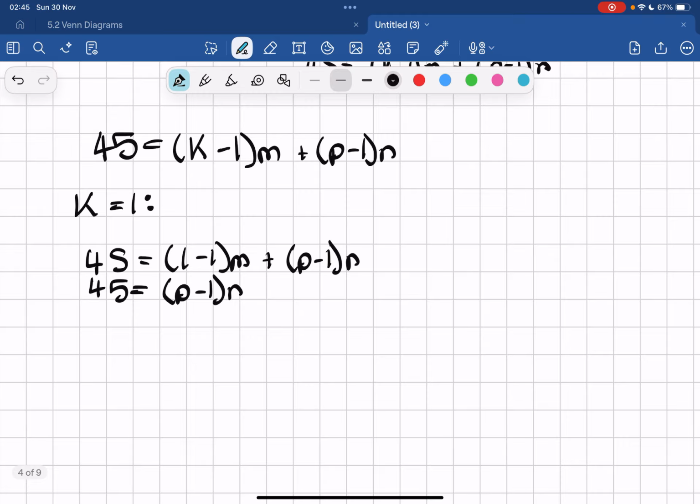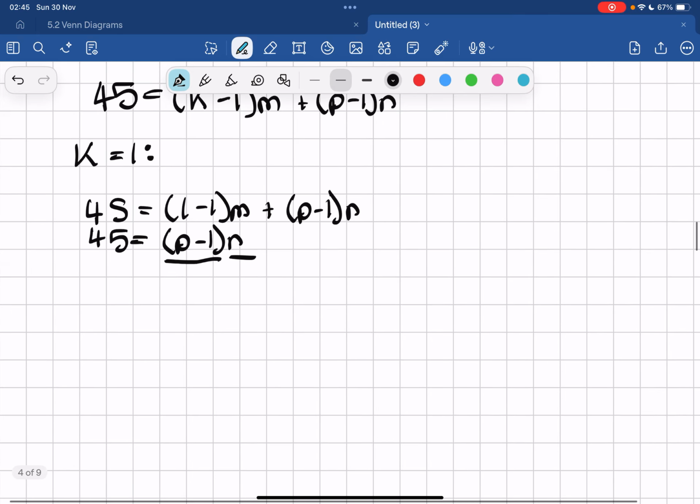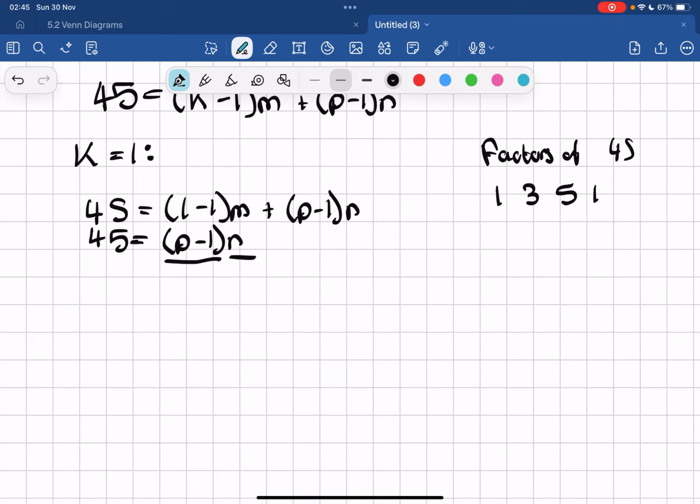Right. Now, since we're trying to find the maximum value of n, we need the largest factor of 45 and the smallest factor of 45 multiplying, where the smallest is p minus 1 and the largest is n. So if we quickly write down the factors of 45, they are 1, 3, 5, 9, 15 and 45.